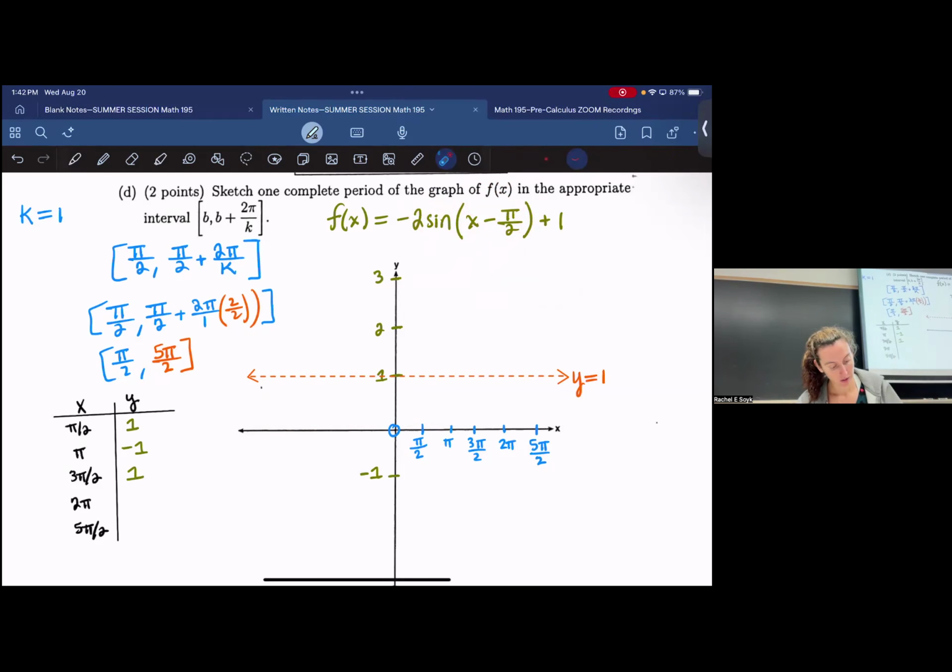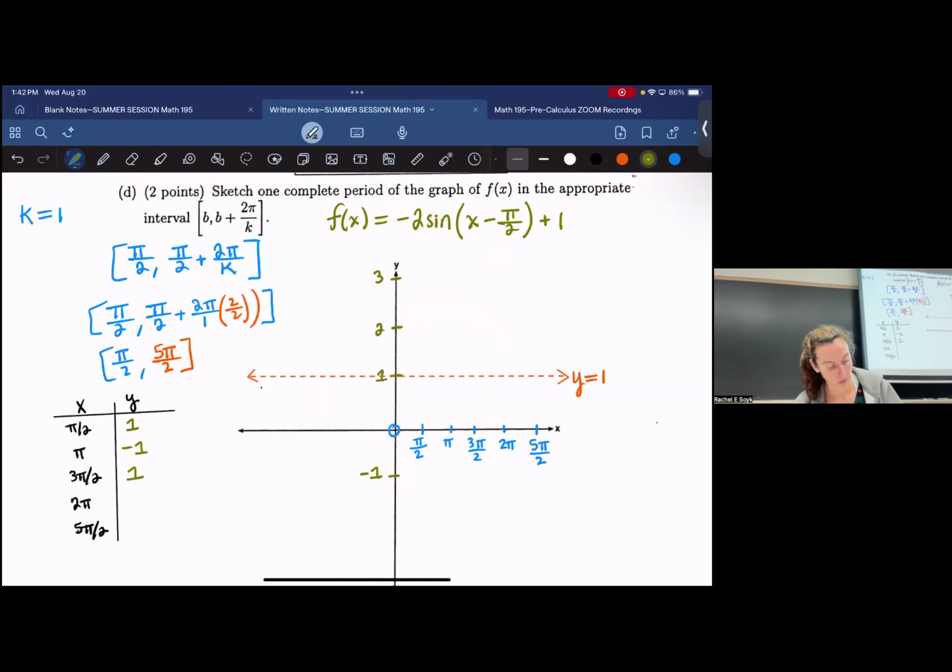Two pi, also known as 4 pi over 2, minus pi over 2 gives you 3 pi over 2. And 3 pi over 2 is also right on the unit circle, 270 degrees. Sine of that gives you -1. -1 times -2 gives you a +2.